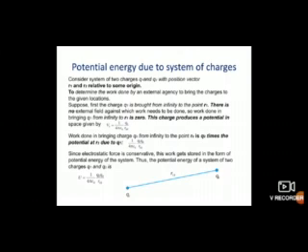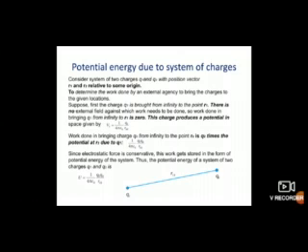At that point a potential already exists due to Q1. So the expression that we get is 1 by 4 pi epsilon naught Q1 Q2 by R12.